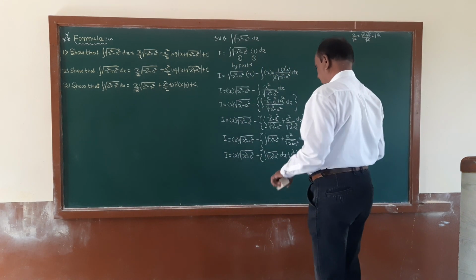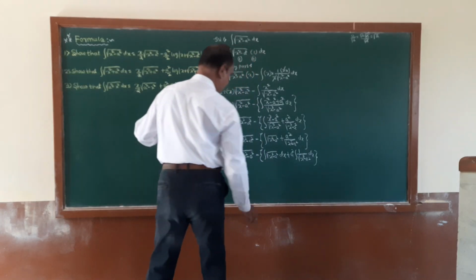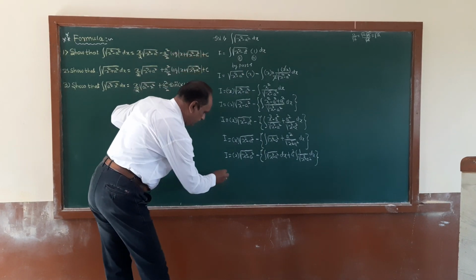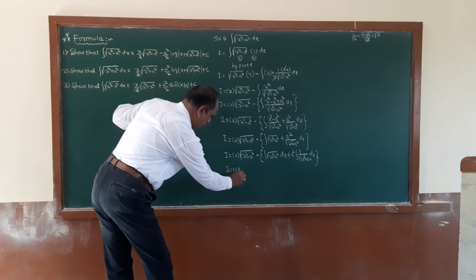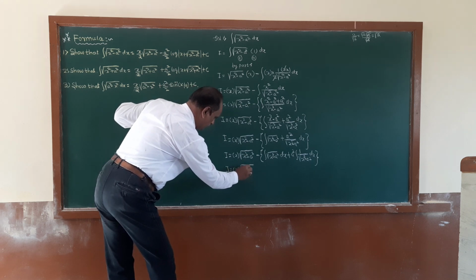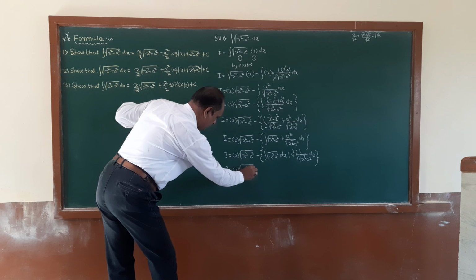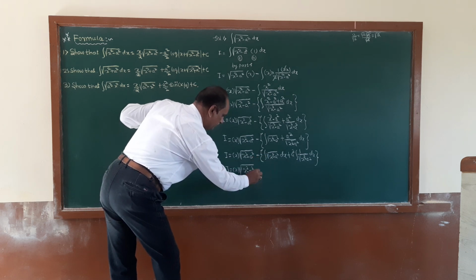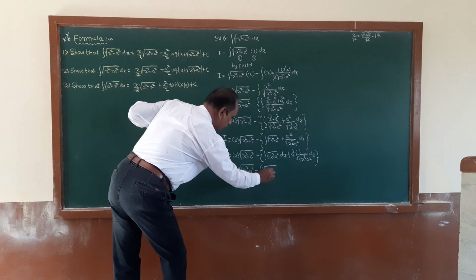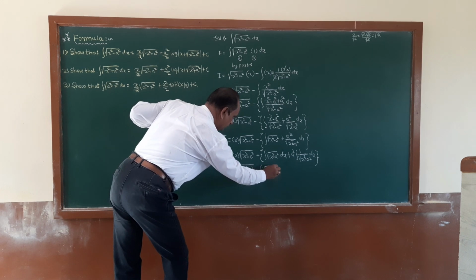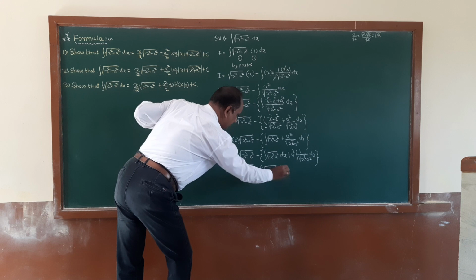Then come to the next important step. I is equal to x into the square root of x square minus a square as it is, minus in the bracket, minus integral of root of x square minus a square into dx.